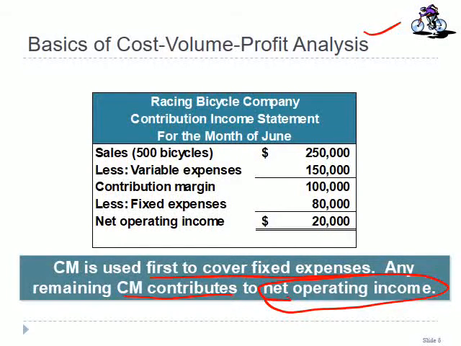So you have contribution margin 100,000 and fixed cost is 80,000. If our contribution margin is also 80,000, then whatever is left goes to our net operating income, which is 0, right? If our contribution margin is 120,000, then whatever amount is left after covering fixed cost, how much? 40,000, then 40,000 will directly go to net operating income. So that is the other definition of contribution margin. So I hope you understand that.